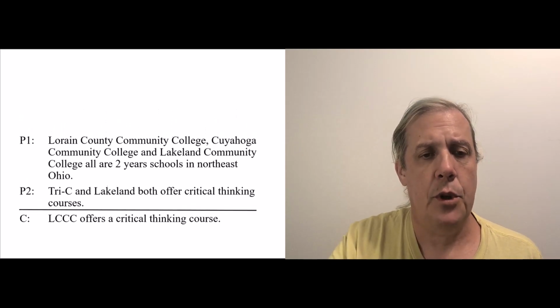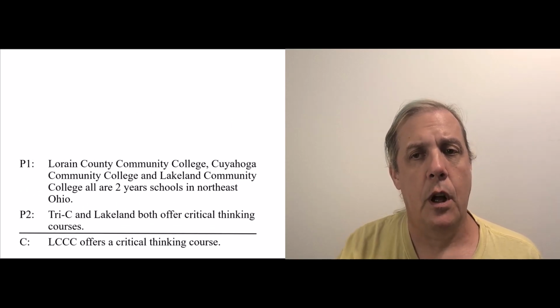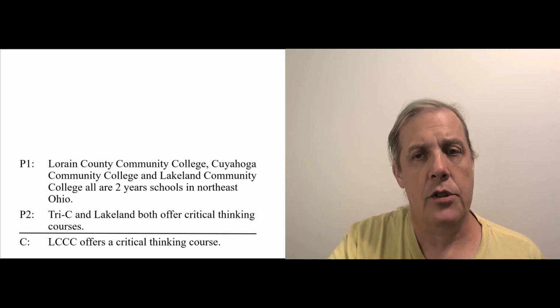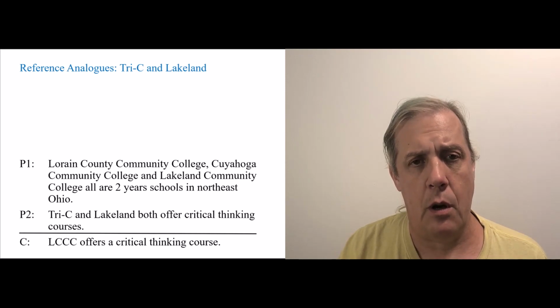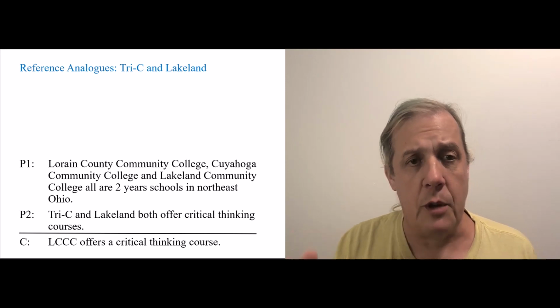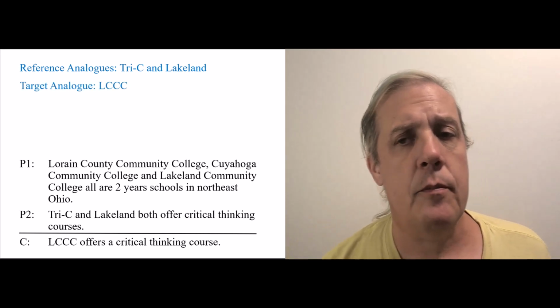So let's just push this down and we can start introducing the parts of the argument. The reference analogs are Tri-C and Lakeland. These are the two colleges that we know something about. The target analog is LCCC.